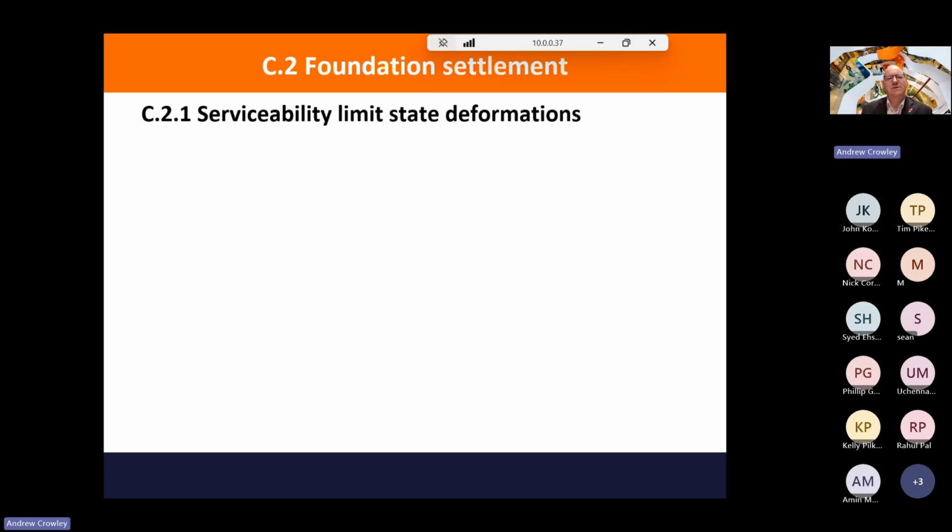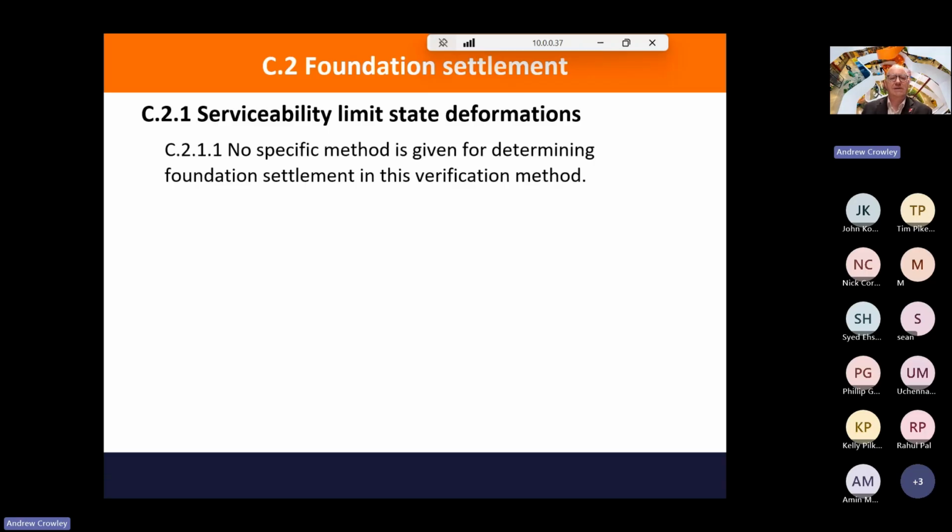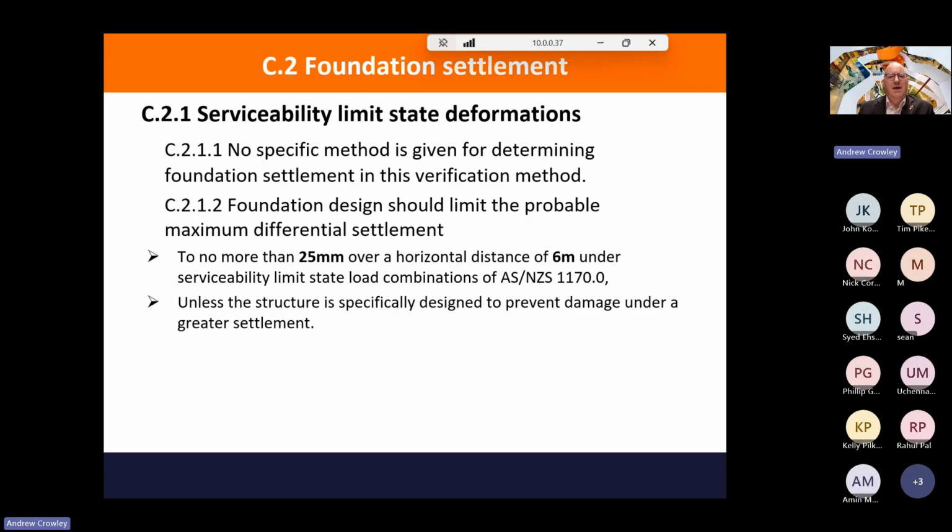Settlement. Now, VM2 says it doesn't deal with settlement, but that's not entirely true, because your bearing capacities are really geared towards settlement rather than actually strength. And what you're trying to do is limit the differential settlement. So if you've got a number of pad foundations, you want to limit the settlement between them to no more than 25 millimeters over a horizontal distance of 6 meters.